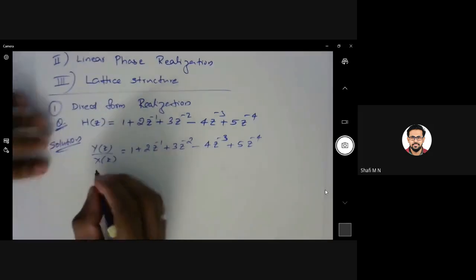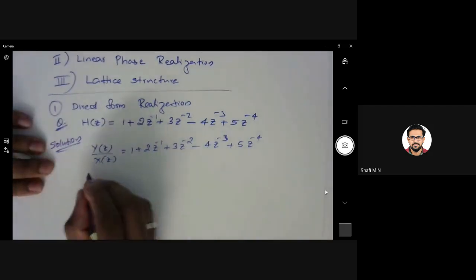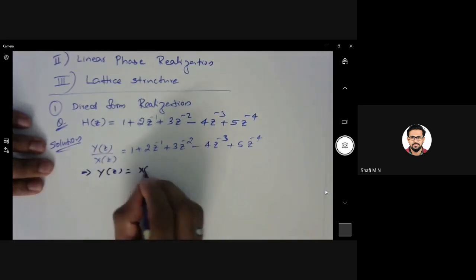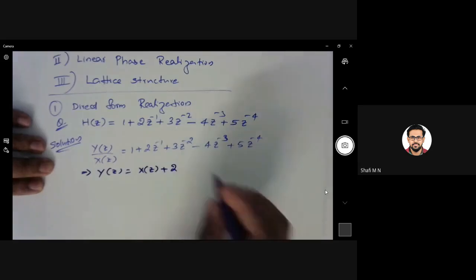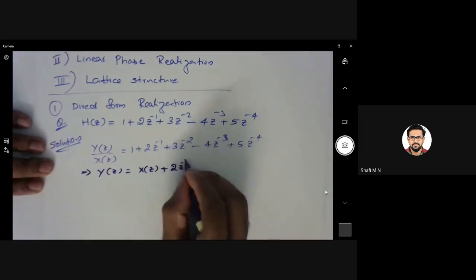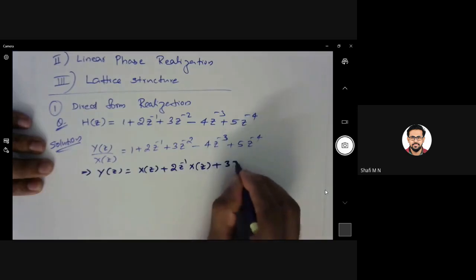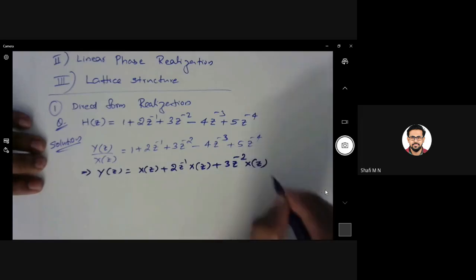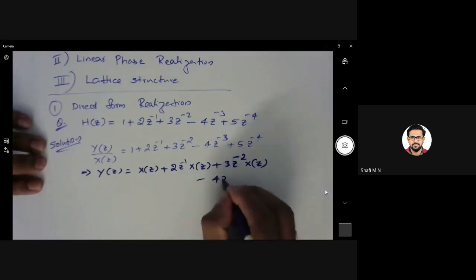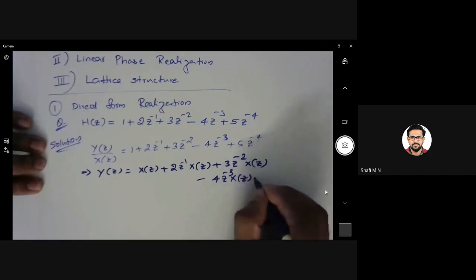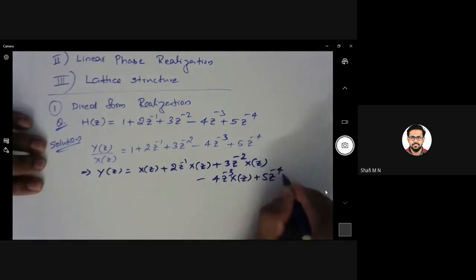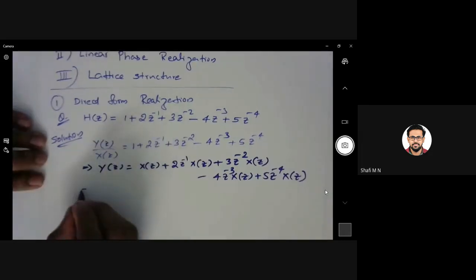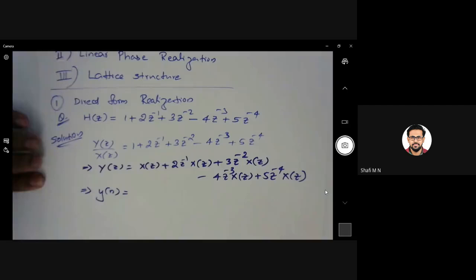Now tell me what is Y of z from this, which implies that Y of z equal to, you cross multiply this, so X of z plus 2 into z raised to minus 1 into X of z plus 3 into z raised to minus 2 into X of z minus 4 into z raised to minus 3 into X of z plus 5 z raised to minus 4 into X of z, which implies y of n equal to, what is y of n from this?